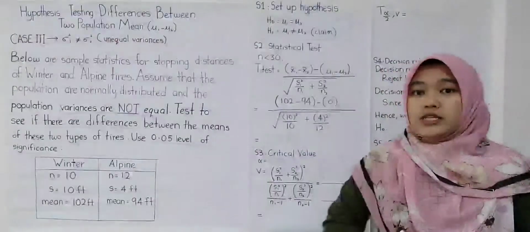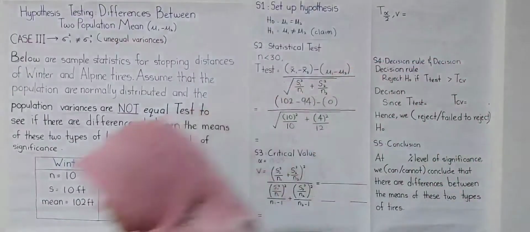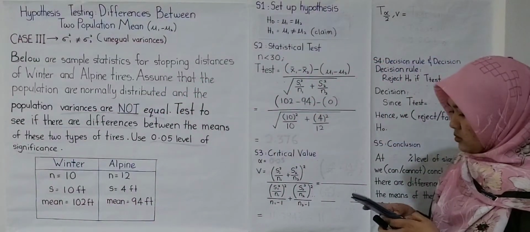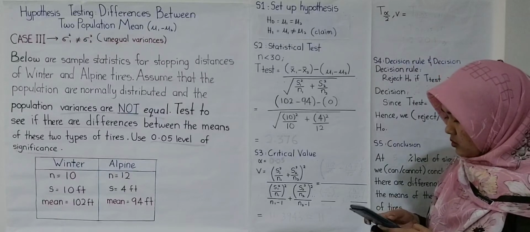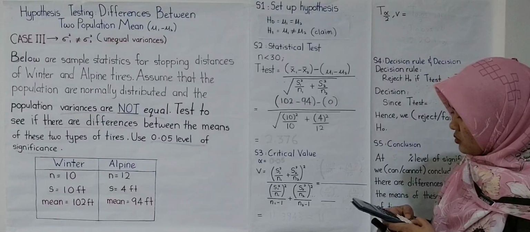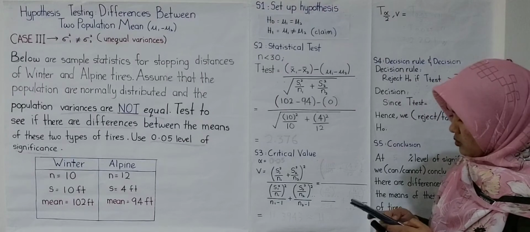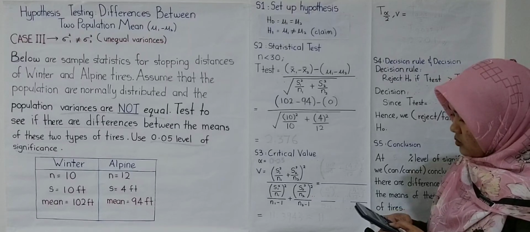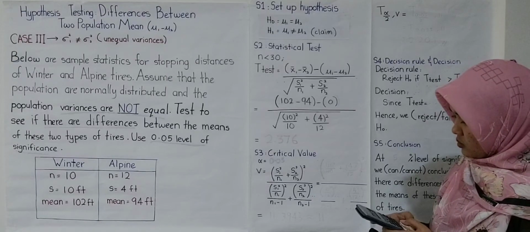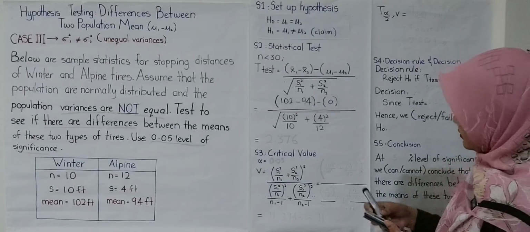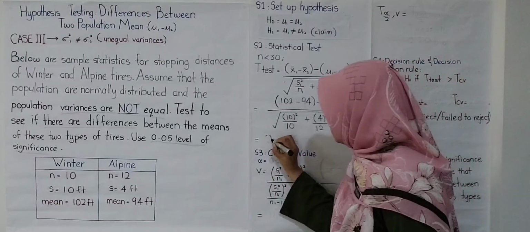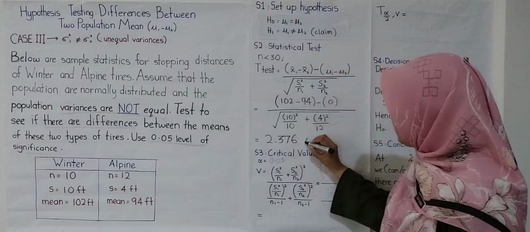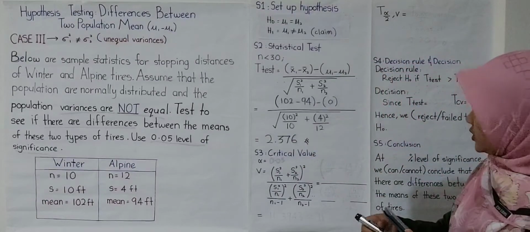Now we just need to use our calculator to find the answer. The answer is 2.376. For the t-test we get 2.376.